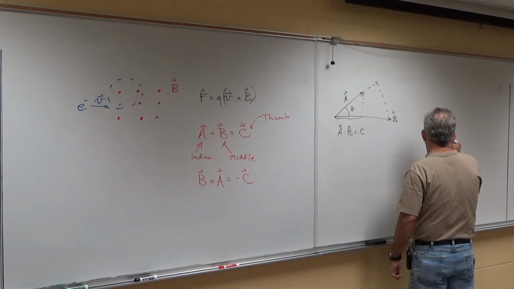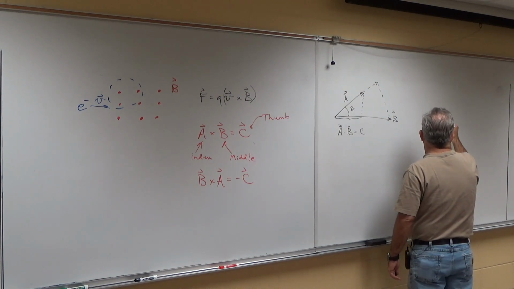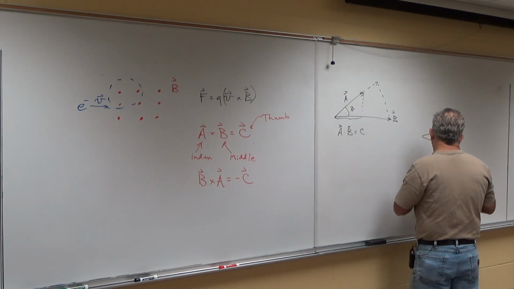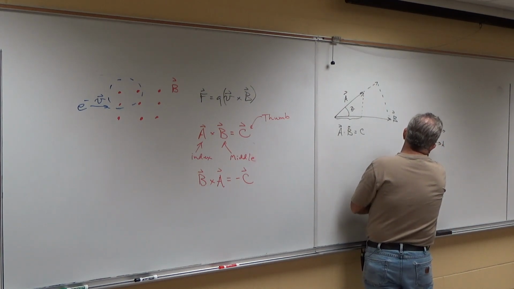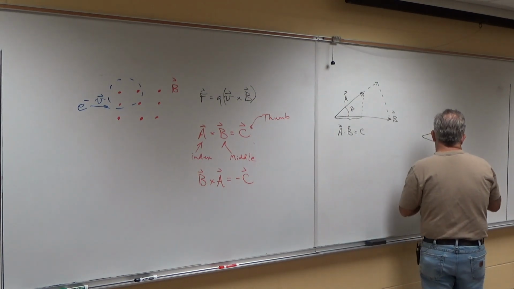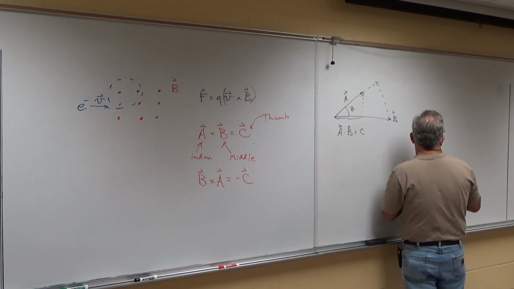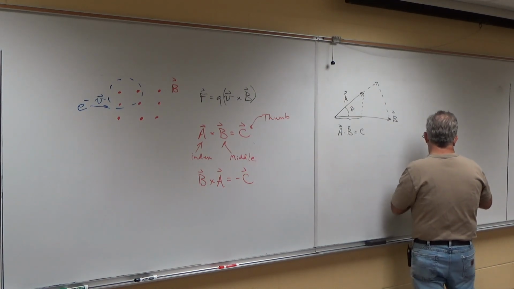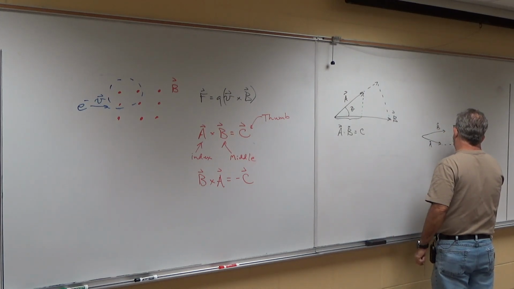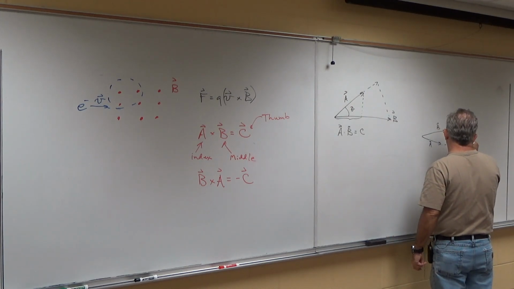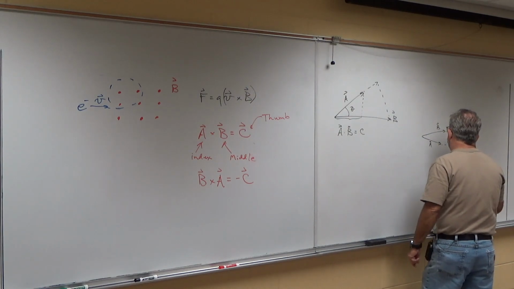For the cross product, if you have two vectors A and B, here's A, here's B. The way I've drawn them, A cross B will be like that. These form a parallelogram, like this.